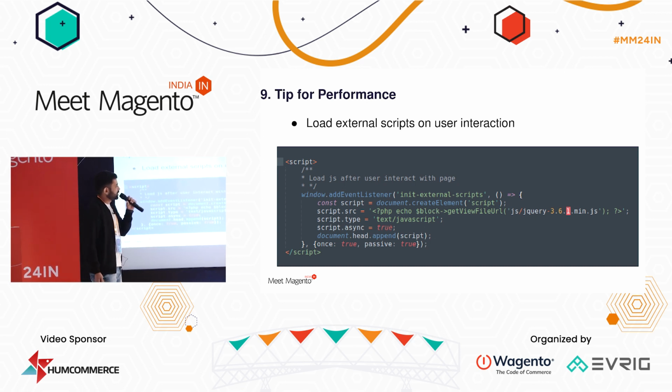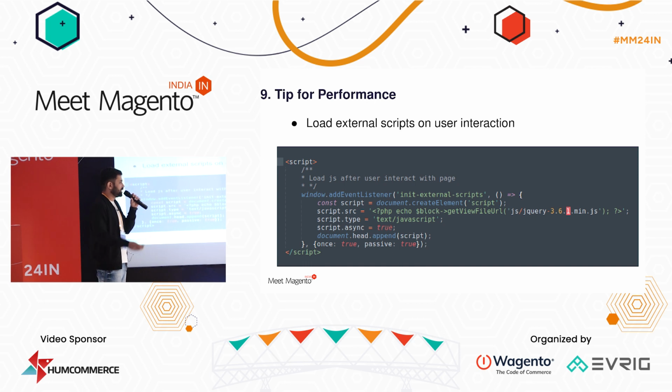This will be dispatched automatically whenever the user interacts with the site. If the user has loaded the page but didn't interact with it, then this script will not be used in the header tag. But when the user interacts with the site, like scrolling or using the mouse wheel, then this JavaScript will be automatically added to the header. When we check the performance with page speed, this external JavaScript will no longer be there blocking your resources. So that's it.